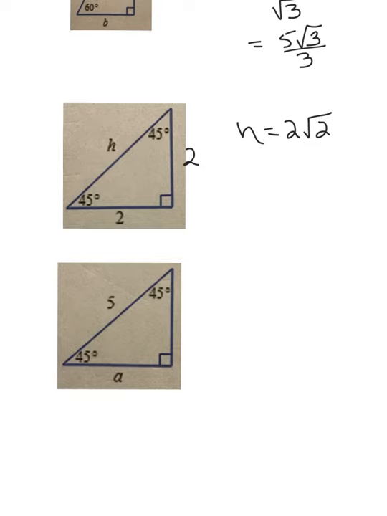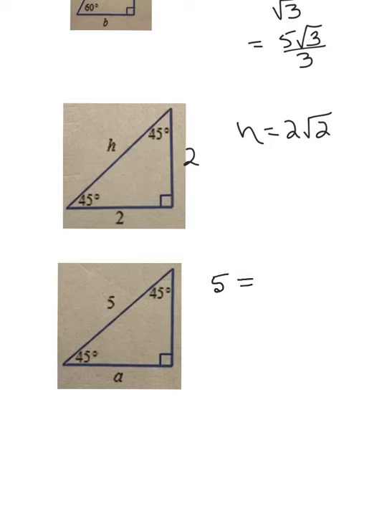For our third figure, we are given another 45-45-90 right triangle. And this time we are given that our hypotenuse is 5 and that our leg is a, and we are asked to find the variable a. Now remember, we know that the hypotenuse is always the short leg times the square root of 2. Our hypotenuse is 5.